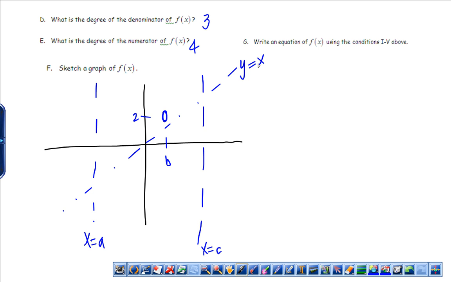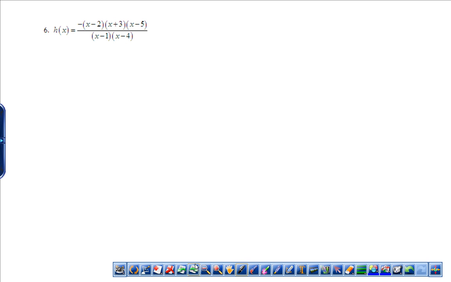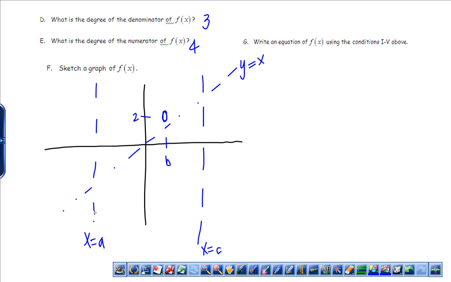Okay, so we need to figure out where our lines go. Over here it said if we approach A from the positive side, it goes to positive infinity, and from the left side it goes to negative infinity. So this is going to go here, I'm going to have a little picture down here, and this goes up here.